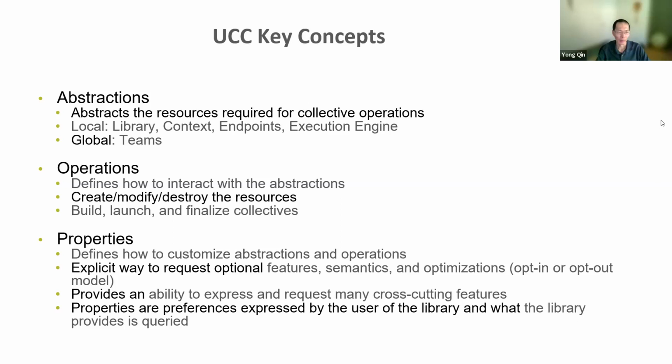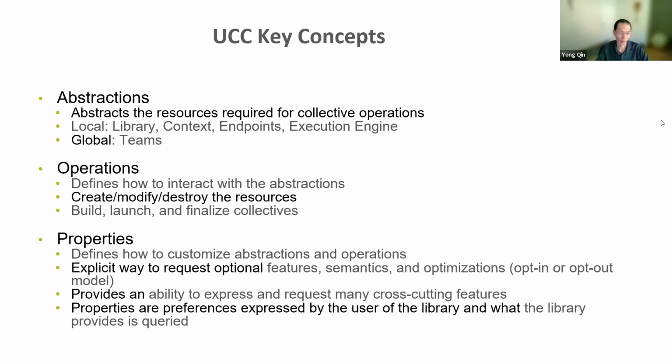And then with these abstractions, we have some operations that we need to define, such as the collective operations, right? And we also have some of the other resources as the abstractions that we defined previously. Then we can define these operations and how to create these abstractions. Like, for example, how do we create a context, and then how do we modify or destroy the context? How do we create an endpoint, et cetera, et cetera.